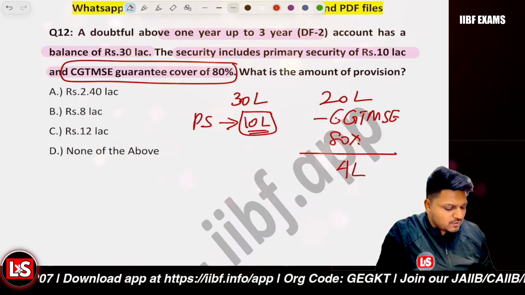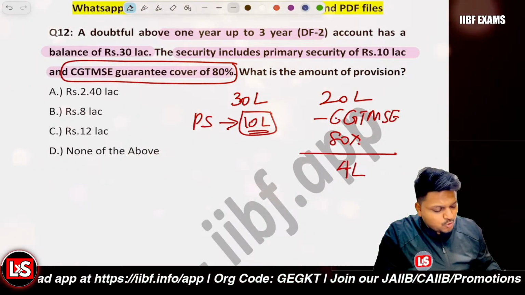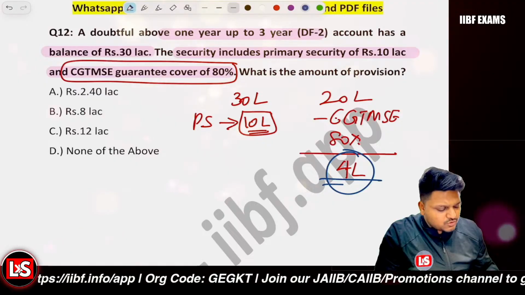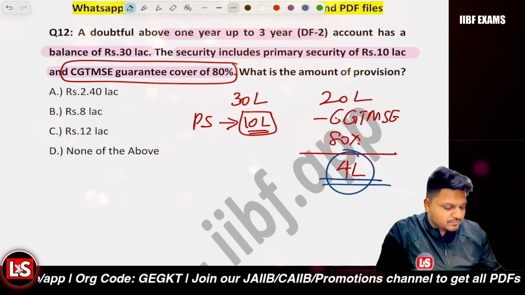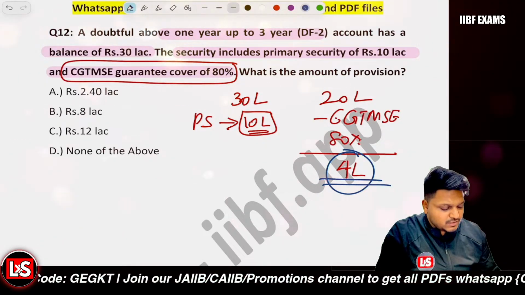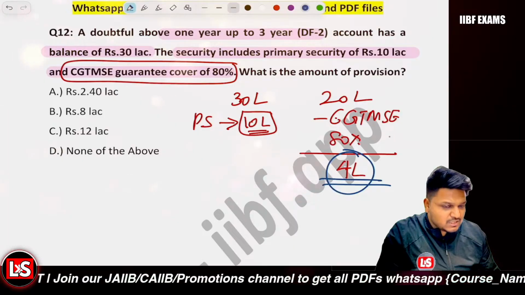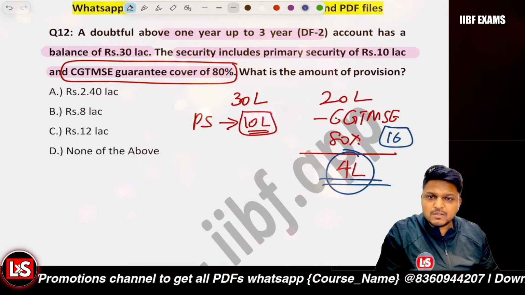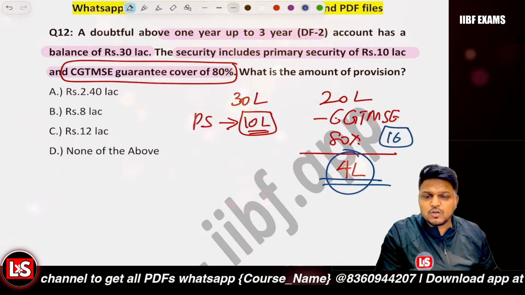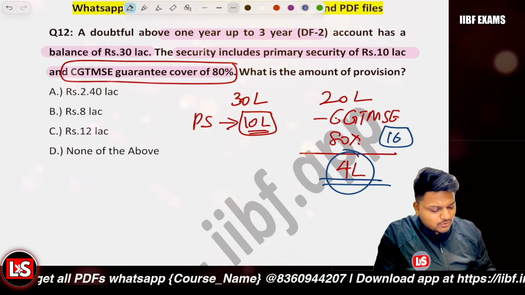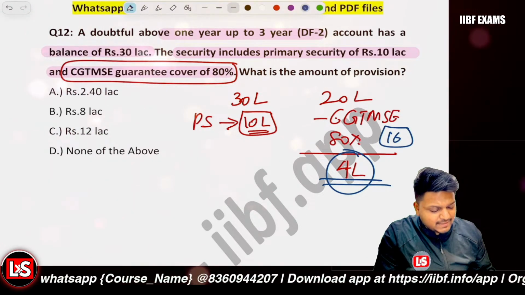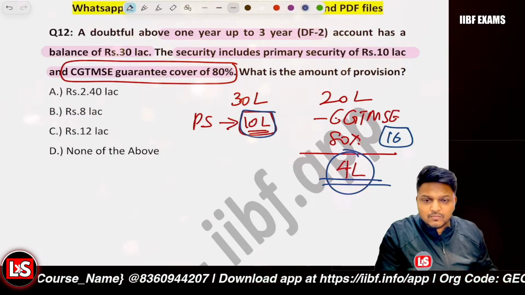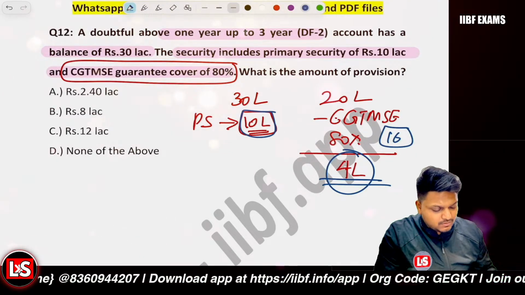So 4 lakh is the amount for which no cover and no security is available. The 80% CGTMSC cover amounts to 16 lakh rupees, for which cover is available and for which the provision is not to be calculated. So we have to calculate the provision for the 10 lakh, the secured amount for which security was available.